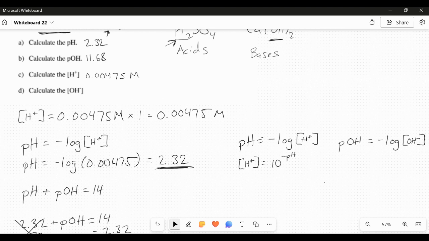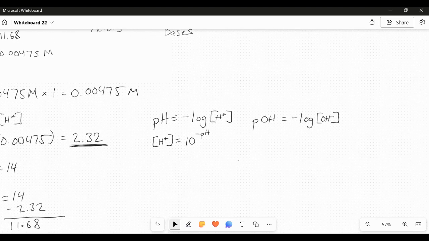If I did 10 to the negative 2.32 power, I would get my concentration of hydrogen, 0.00475. Similarly, my concentration of OH minus is equal to 10 to the negative pOH.